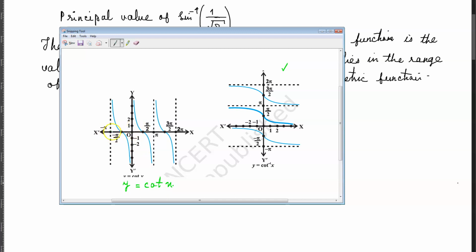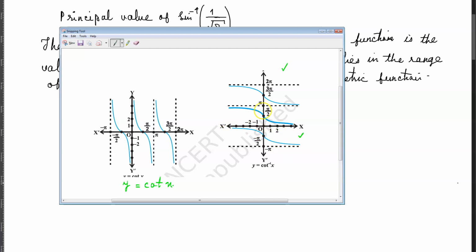If I do so, then the range of the inverse function would be negative pi to 0, which gives me this part over here, and the domain would be the range, which is R here, and I would get this function over here, right?